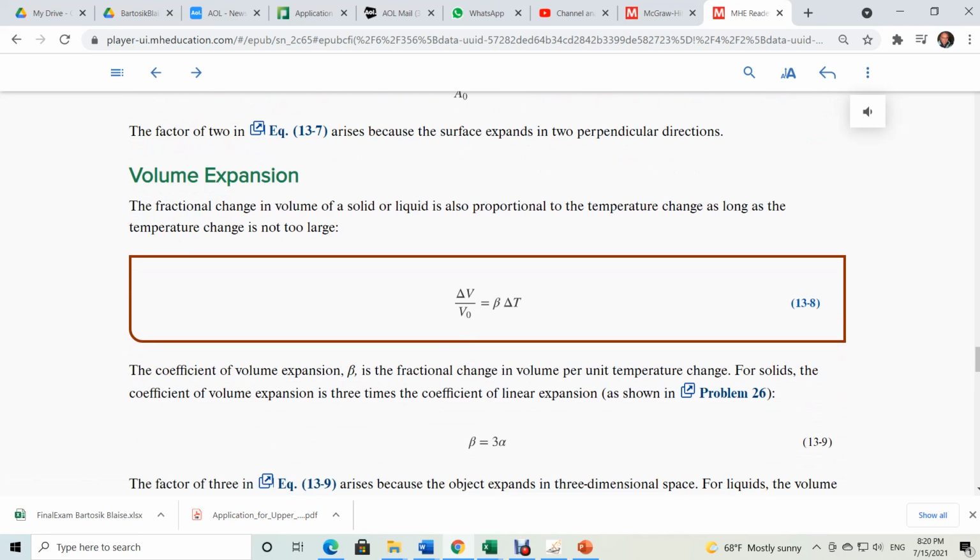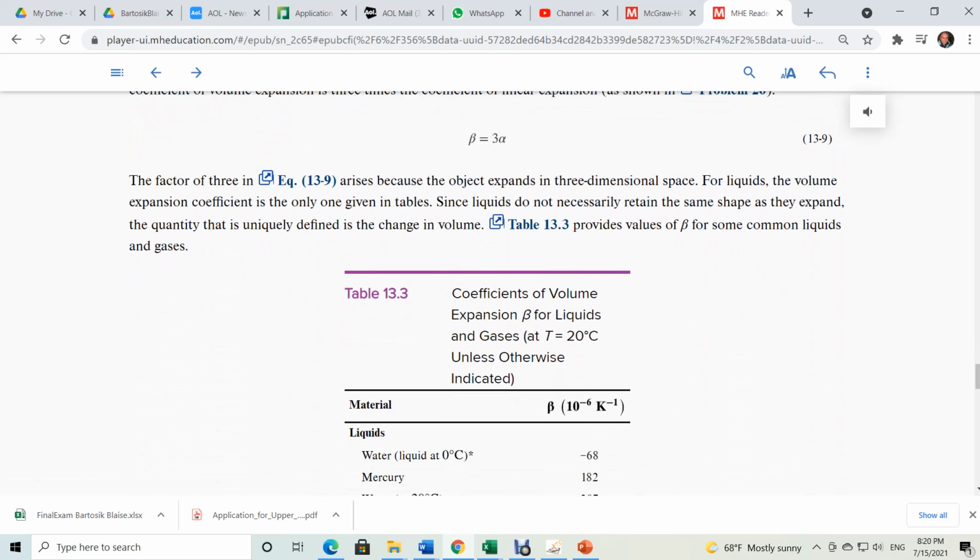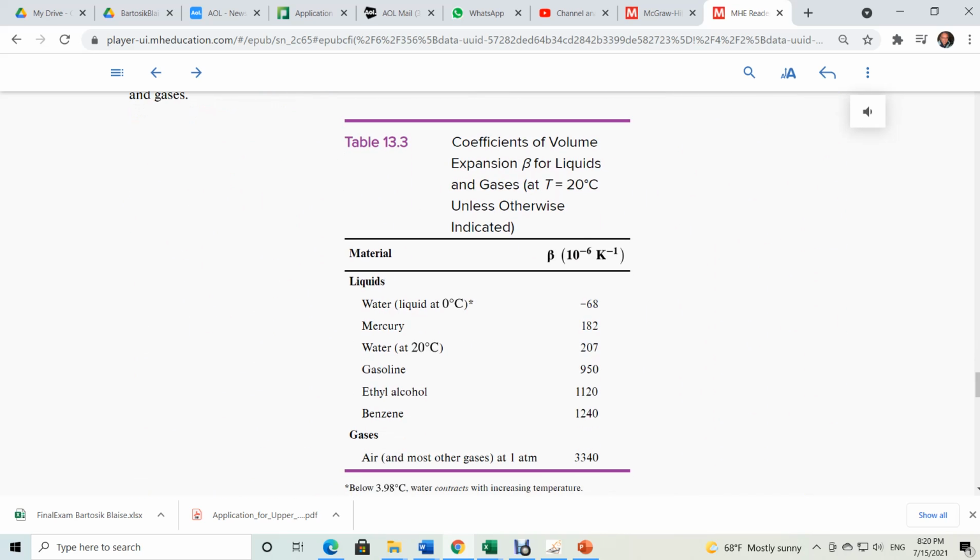And volumetric expansion, 3 alpha. Liquids, you know, they occupy a volume: gasoline, water, mercury. That's why we need the volumetric expansion coefficient. Liquids and gases, right?